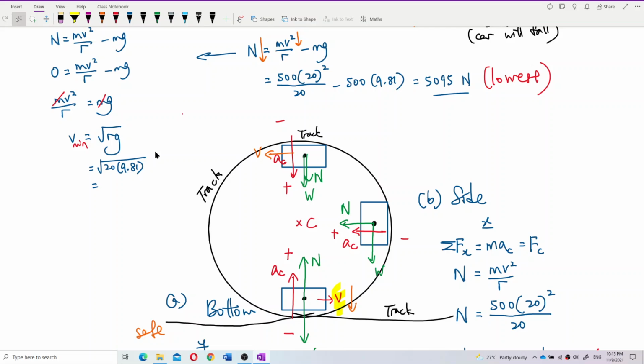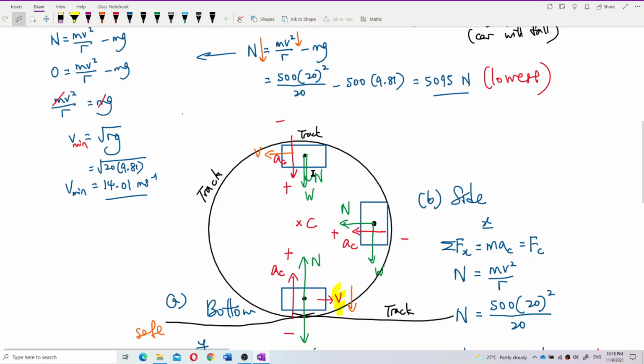So what's the answer? 20 times 9.81. The minimum speed is 14.01 meters per second. That's the answer.